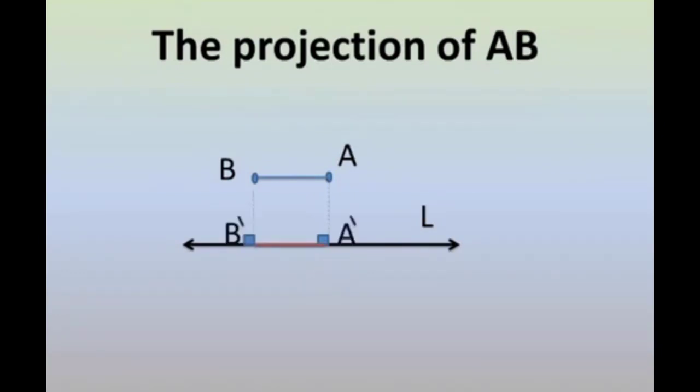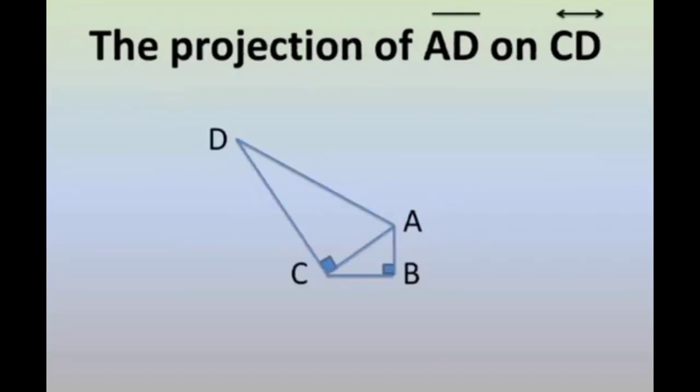If the line segment is parallel to the straight line, the length of the projection equals the length of the original line segment. So the length of AB equals the length of A dash B dash, and the projection of AB is A dash B dash.